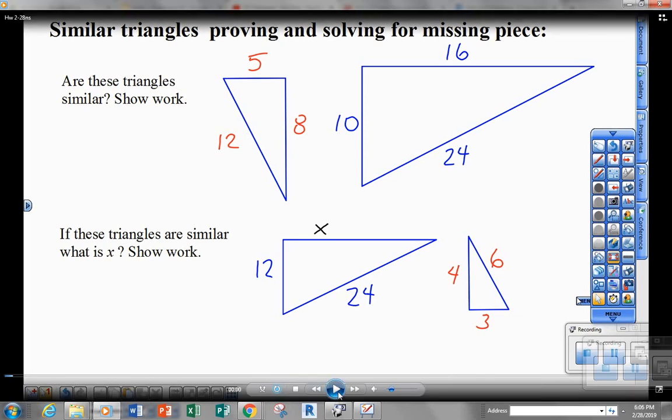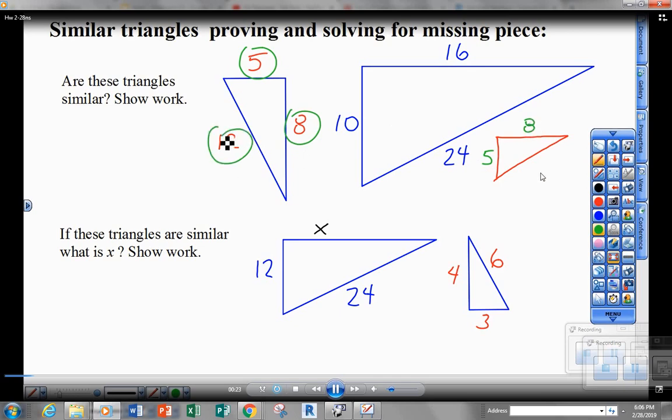So this first one here, again, what I'd like you to do is to write the triangle again, but make sure it looks like the first one here. So I'm going to redraw it so it's lined up just like the first one here. I'm going to make sure I put the numbers in the right place. That 5 goes in the small place. That 8 is on top, 12 on the bottom.